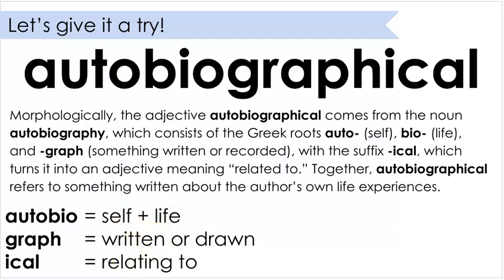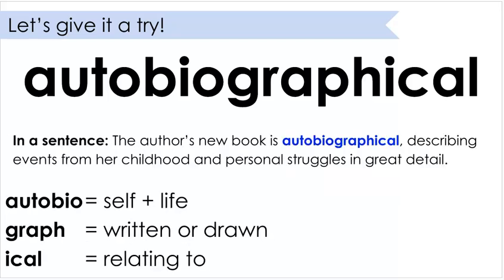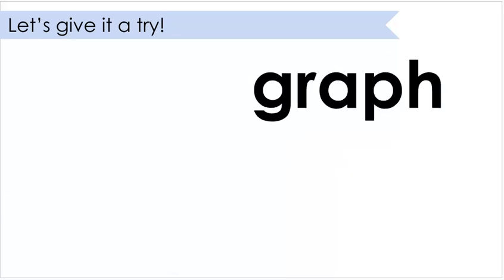So if you were writing a story about your own life, that story would be an autobiography, or we could say it's an autobiographical text. In a sentence, you might say the author's new book is autobiographical, describing events from her childhood and personal struggles in great detail.